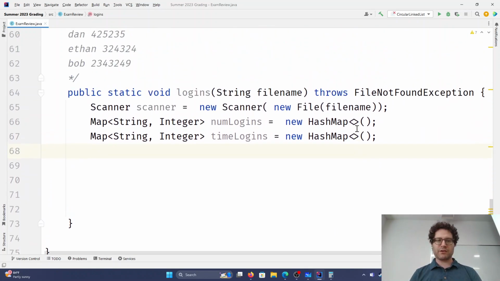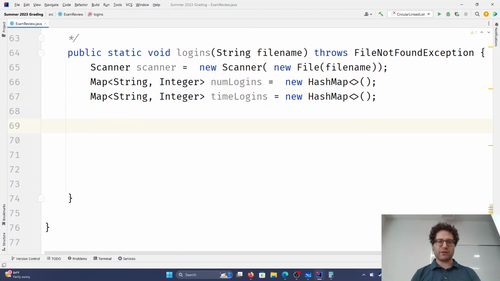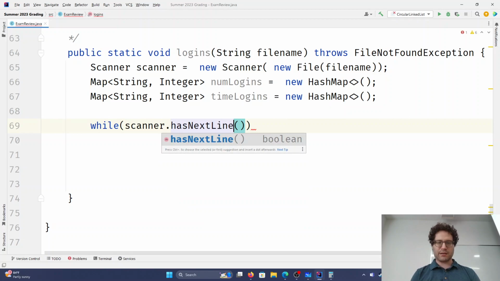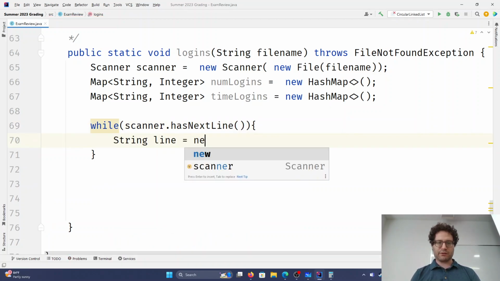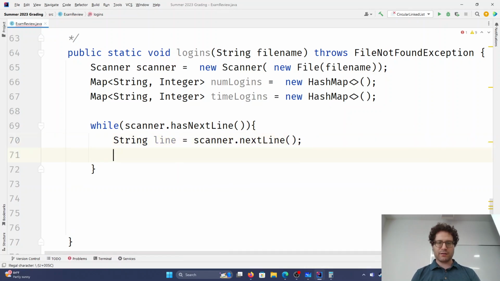So what I'm going to do over here to run this is I'm going to say while scanner.hasNextLine. We're going to go ahead and say String line is equal to scanner.nextLine.